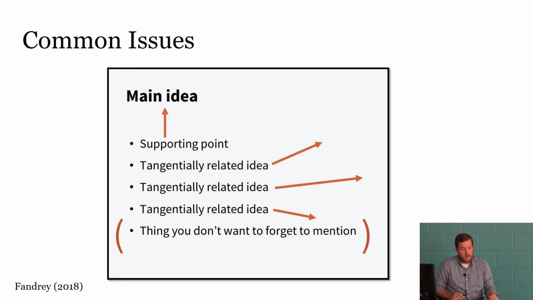Here's, again, going back to the topic, subtopic, bullet point thing. What usually ends up happening is what you see here, where you've got your main idea. The first bullet point is usually supporting that. Then you have some semi-related stuff for a few things, and then you're like, oh, well, I need to round out, I need to make it a full slide, so let me just add this other thing in here too.